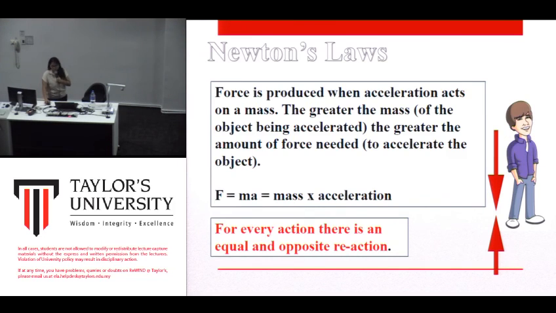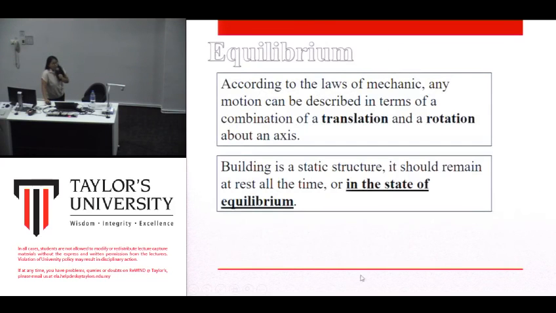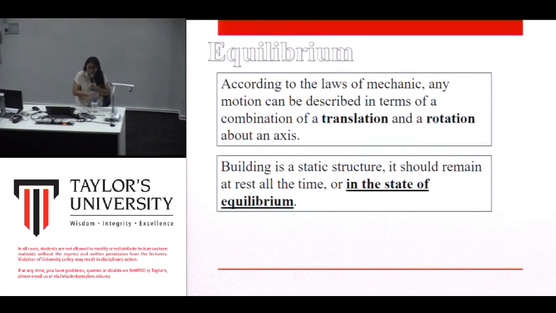Alright, so equilibrium. According to the laws of mechanics, any motion can be described in terms of a combination of translation and rotation. So a building is a static structure, so it doesn't move. What I mean by it doesn't move is if you build it here today, it will not move here tomorrow.